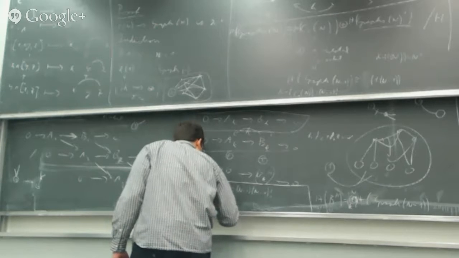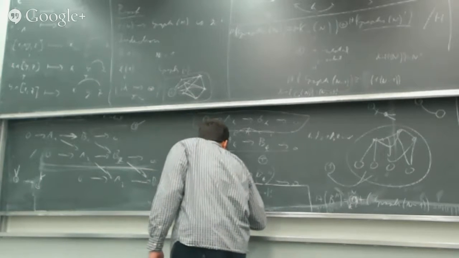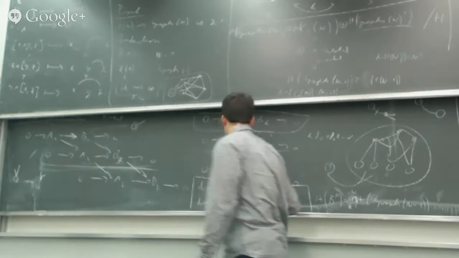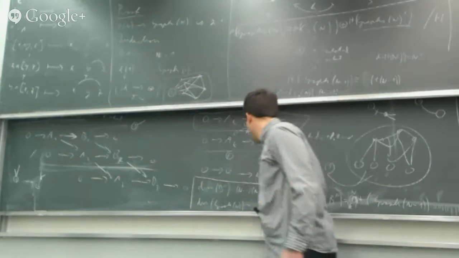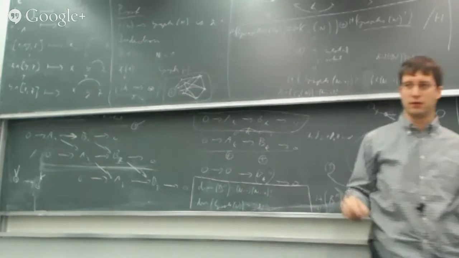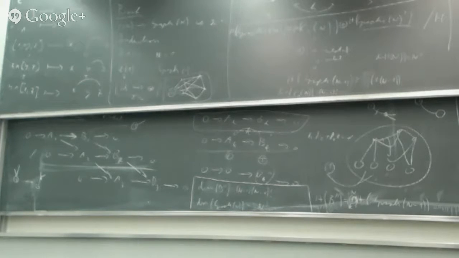But therefore, the dimension of graphs n is this plus what we had before, n factorial. Okay, now I proved that the dimensions are fine. I didn't prove that it's an isomorphism.